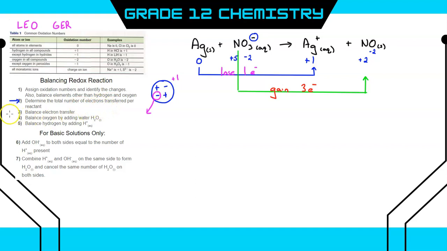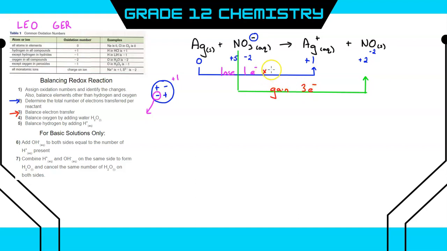All right, so we've determined all about our electron transfer. The next step is to balance that electron transfer. This isn't balanced right now, right? We have to lose and gain the same amount of electrons because charge must be conserved. So if we gain 3 electrons, we should lose 3 electrons as well. So to balance this, I'm going to multiply both by the lowest common multiple.